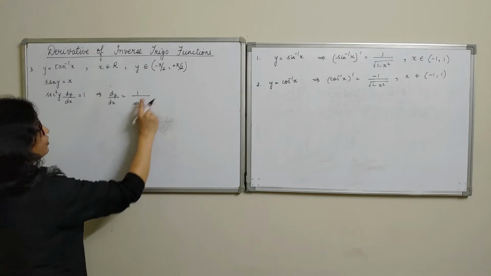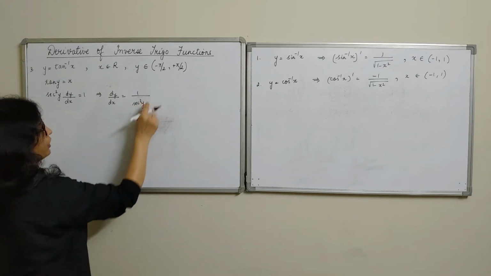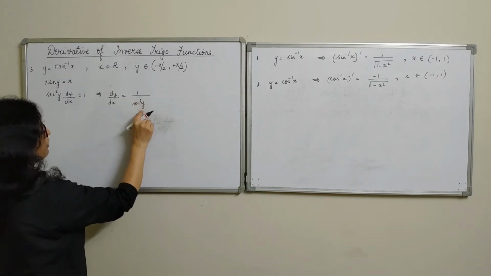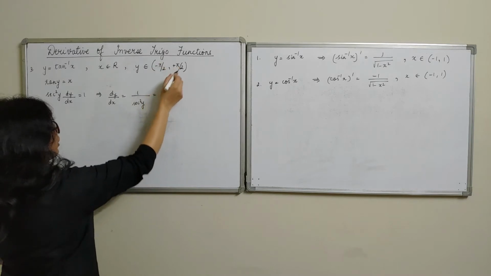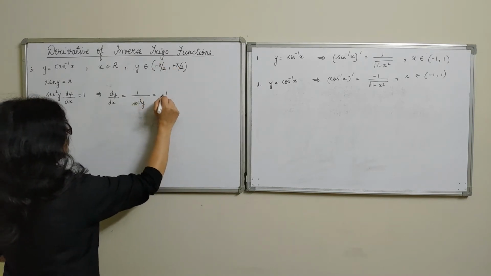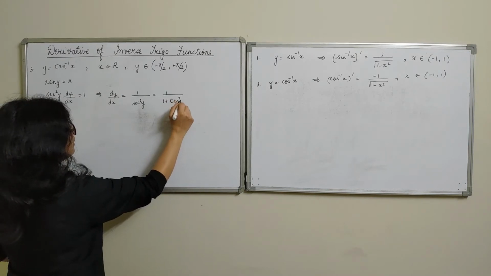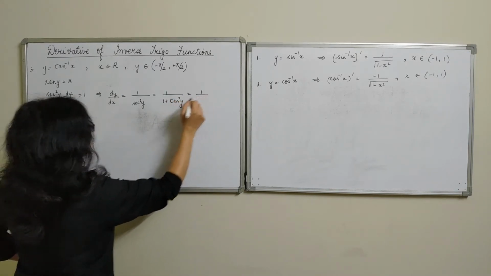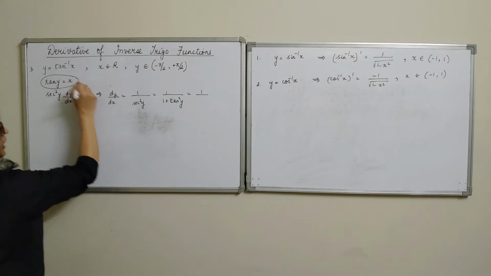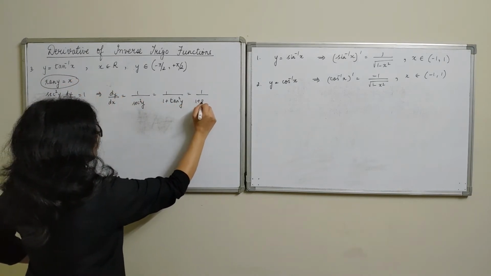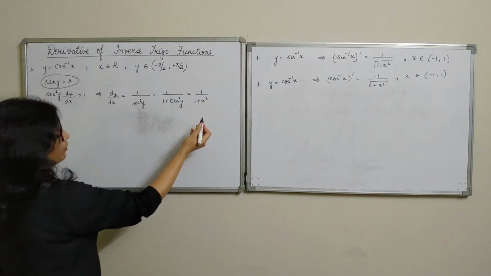Now here both these angles are not included, so there is no problem to the sec function here in this branch, and sec square y can be written as 1 plus tan square y, and we know tan y is x, hence the derivative of tan inverse function is 1 upon 1 plus x square.